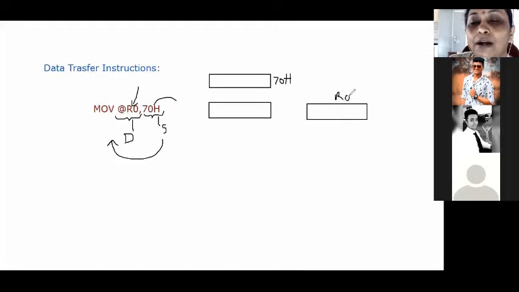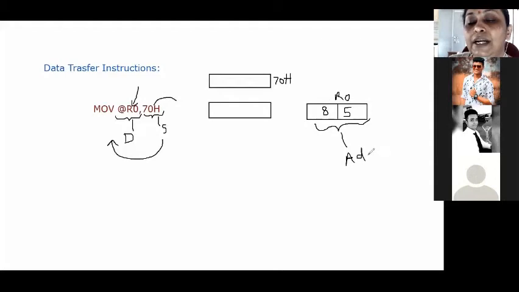Okay. And suppose the register R0 contains 85. The data present in the register R0 is 85, and this data 85 is treated as the address of RAM.